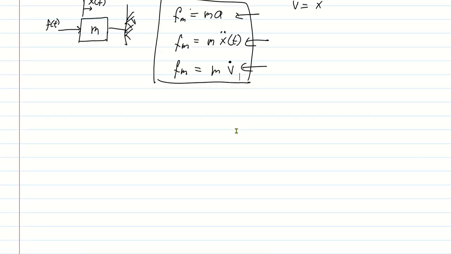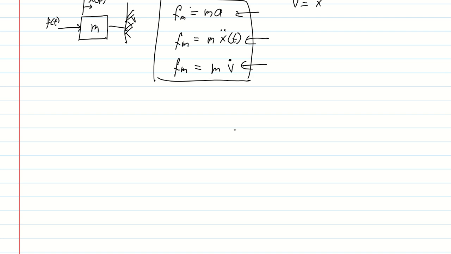If we take an example of a mass spring damper system, let's say we have a mass m, then we have a spring here, and we also have damping.